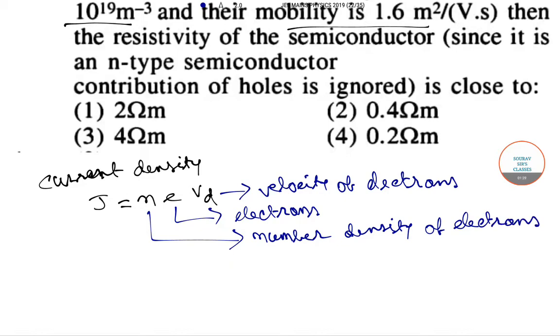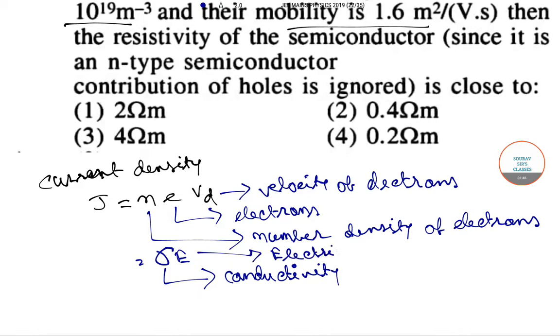So this can also be written as sigma into E. This sigma is the conductivity, and E is the applied electric field.